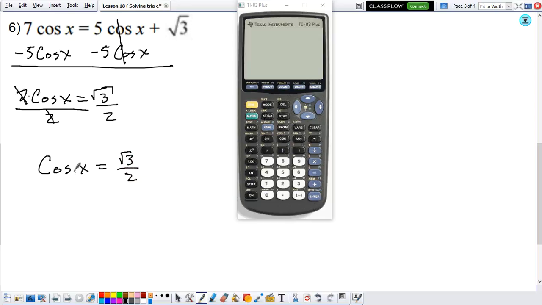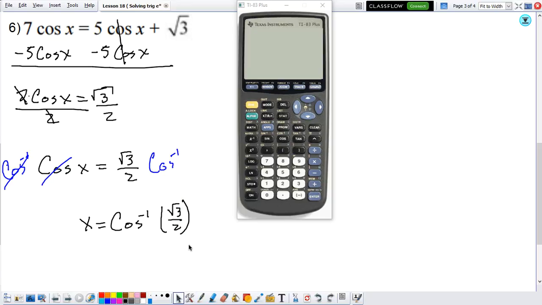Excellent. You want to solve for x, so you're going to multiply by the inverse of cosine, left and right. That will cancel out. Notice that we multiply by this inverse of cosine, so you're going to keep in mind that you need to check for a second solution. So now we have inverse cosine of square root 3 over 2.